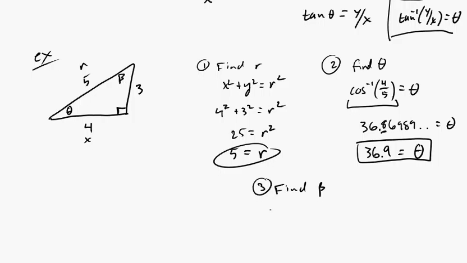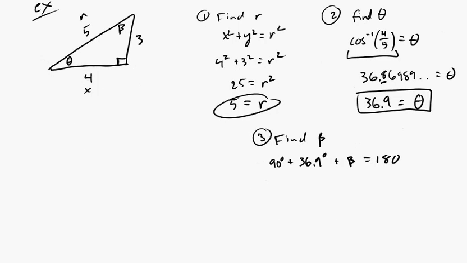So 90 degrees plus the one we found, 36.9, plus beta should equal 180. So if we subtract those guys out, 180 minus 90 minus 36.9, we get beta equaling 53.1 degrees.